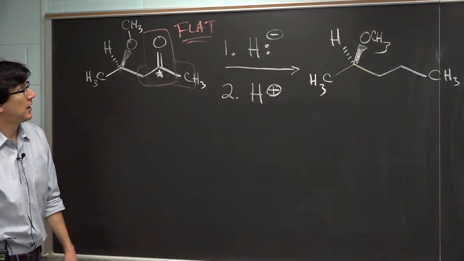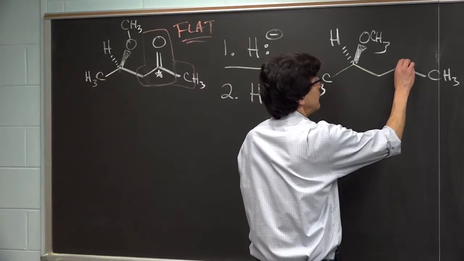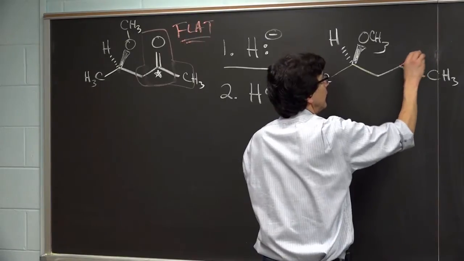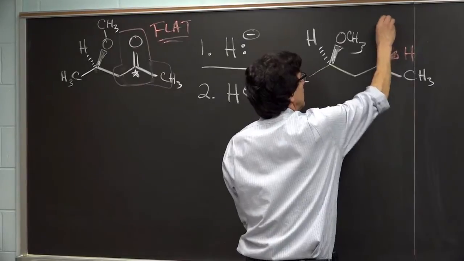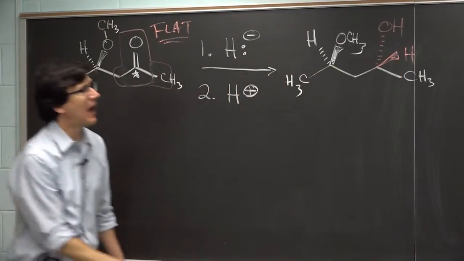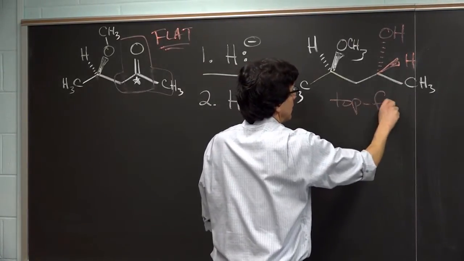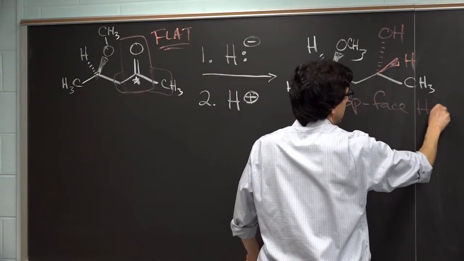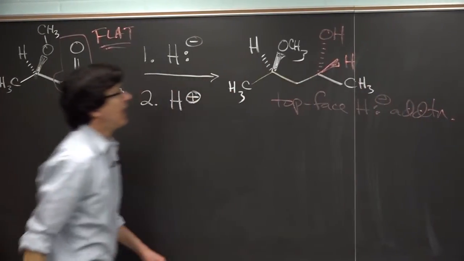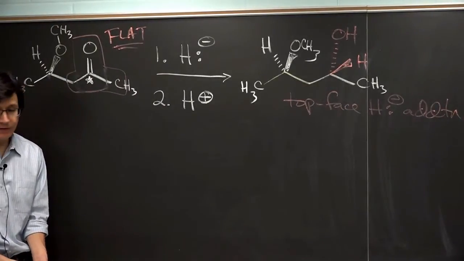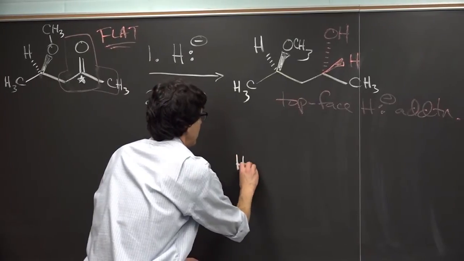So there it is. And then first I was going to draw the product of addition of hydride from the front. So there it is. There's the hydride. And that's going to give you the OH group in the back. So this was top face addition. And then the other possibility is if hydride had come from the other side, from behind the board.